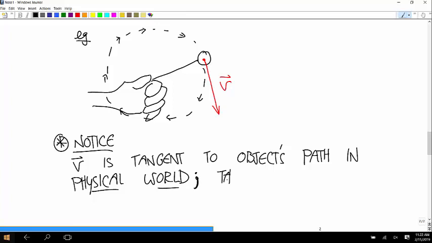So that's not a position versus time curve.